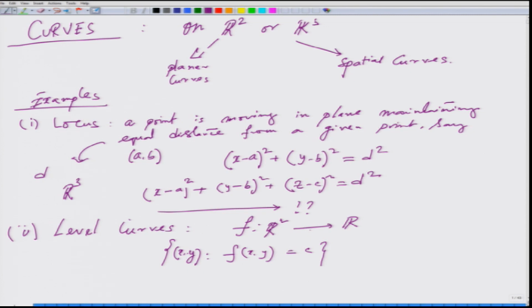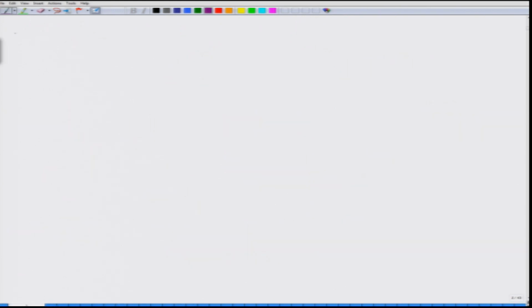And more examples: you see intersections of planes or surfaces. That also gives rise to curves.